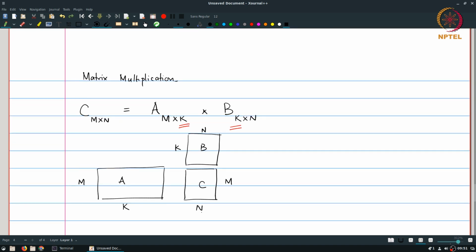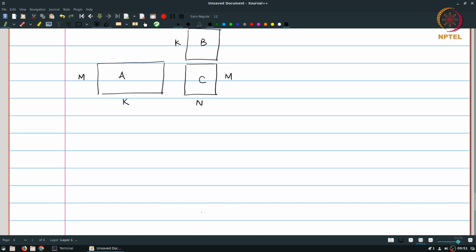Now, what exactly is the computation itself that's involved over there? I will use the term Cij to refer to the ith row and the jth column of C, which means that I can essentially write my matrix multiplication using this series of three nested for loops.